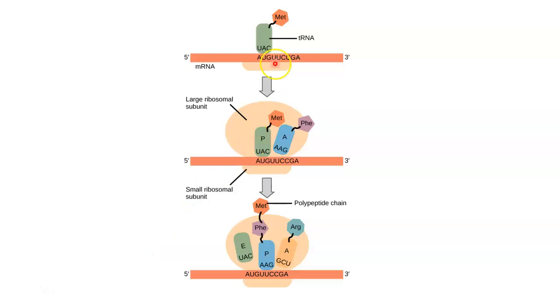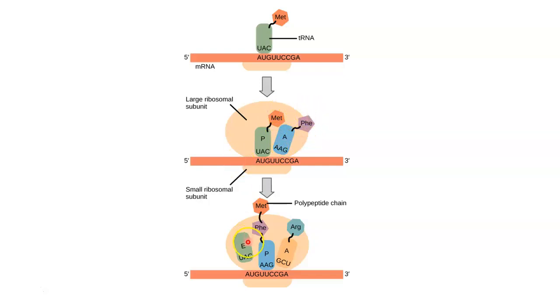So this shows initiation, right? The small ribosomal subunit binds. Here we've got the appropriate tRNA molecule that's going to be complementary to the codon, carrying methionine. That's how we initiate. Elongation, we have another amino acid tRNA in the A site. This gets transferred over.